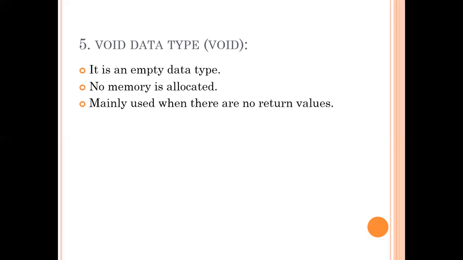Float is 4 bytes. Double is 8 bytes. Long double is 10 bytes, I mean 80 bits. Character is 1. Integer is either 2 bytes or 4 bytes, depending on the word length of the host machine. Float is 4 bytes. Double is 8 bytes. Long double is 10 bytes.